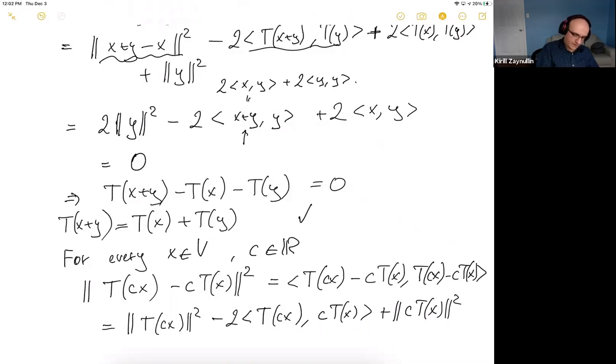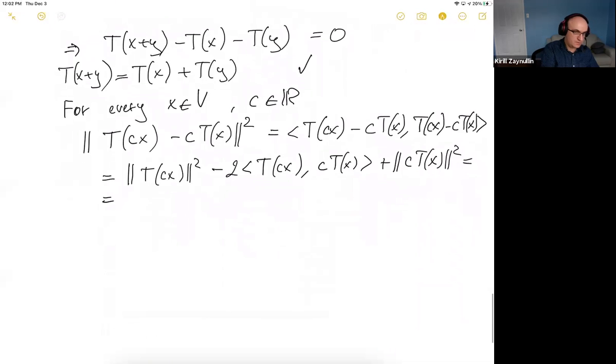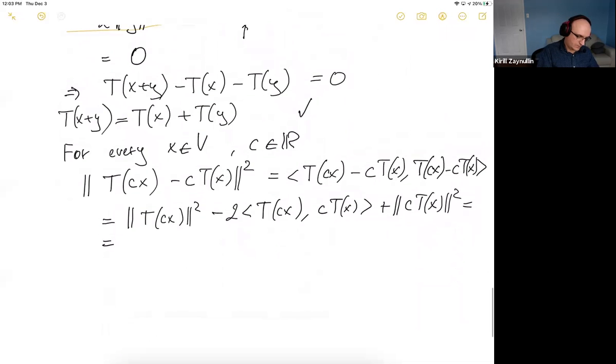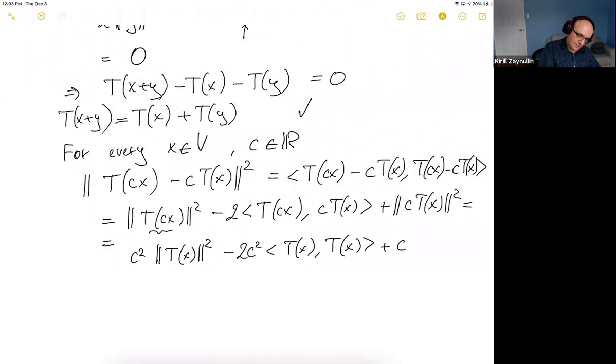And then it's pretty straightforward to see the result, and you can check. Okay, so let's just move c outside. So c square of the square of Tx, that's the first. Then we have minus 2c square of Tx, comma Tx, and plus c square of the square of Tx.